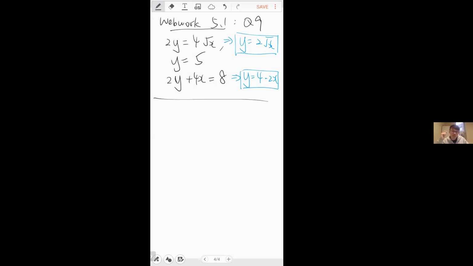And then I want to graph them. Let's look at the last function, y equals 4 minus 2x. What does it look like? So I'm asking, is it a line? Is it a parabola? Is it a hyperbola? Or is it something else? It's a line.